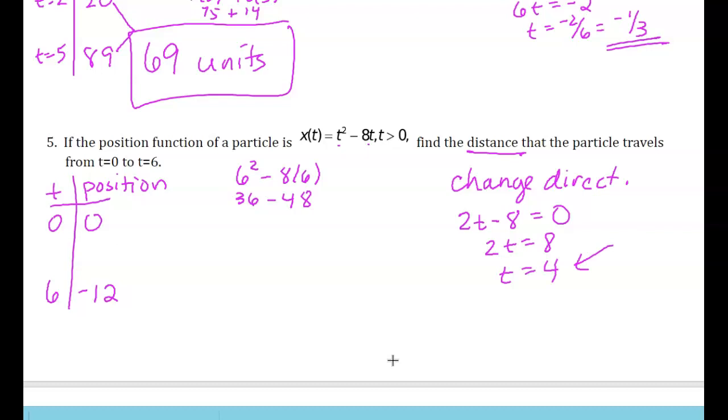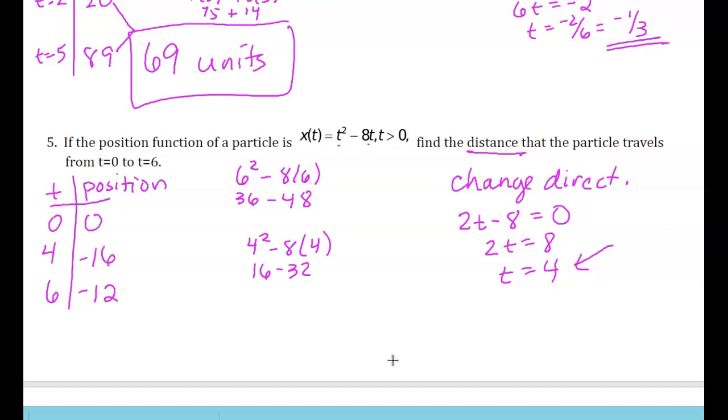Well, we were at rest at 4. So what I want to do is plug in 4 to see if it's between 0 and negative 12, indicating I was moving to the left the whole time anyway, or not. So if I plug in 4, we get 16 minus 32, which is negative 16.